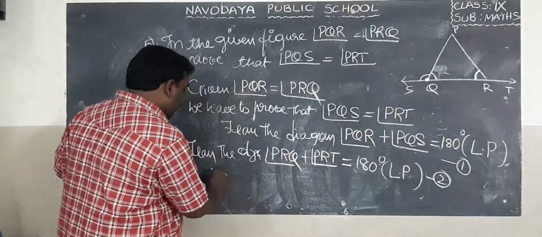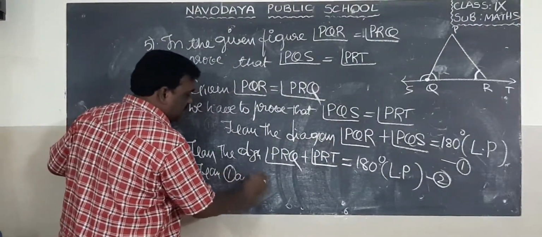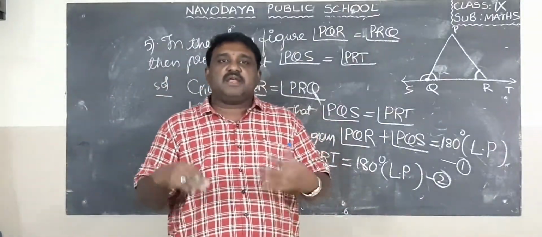Equation 2. From 1 and 2. What is equation 1? 180. What is equation 2? 180. So both are equal.